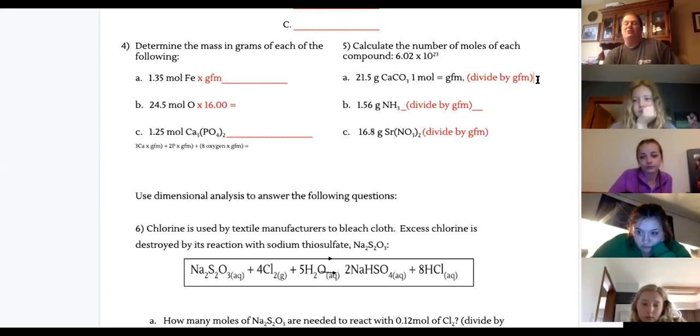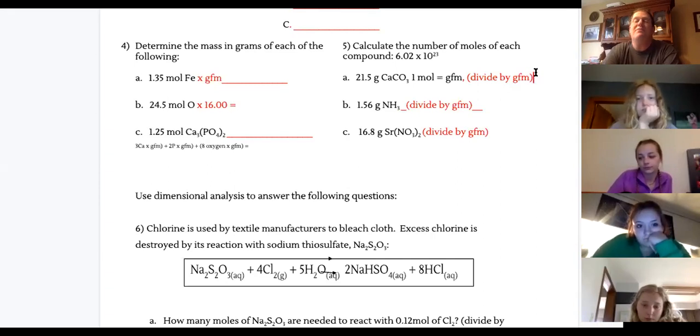Or are you just a good Google searcher? 5A, what's the answer for 5A? Anybody?